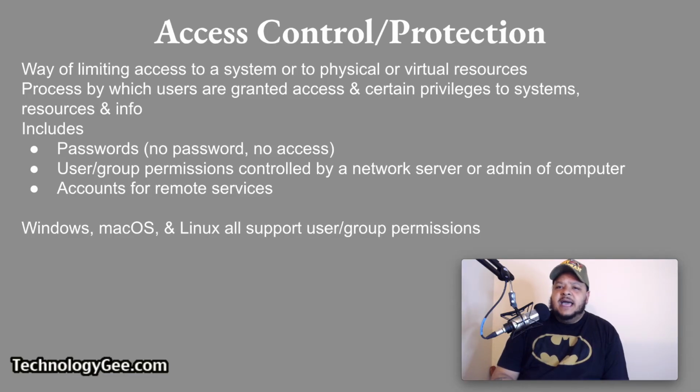Some of these include passwords, no password, no access; user group permissions controlled by a network server, where a member of Group A can only access network resources assigned to Group A, etc.; or by the administrator of a computer, in which administrators can access all resources. Standard users can only access their own files and their resources. And also accounts for remote services, such as only a bank customer can access the electronic banking function. Windows, Mac, and Linux all support user group permissions.